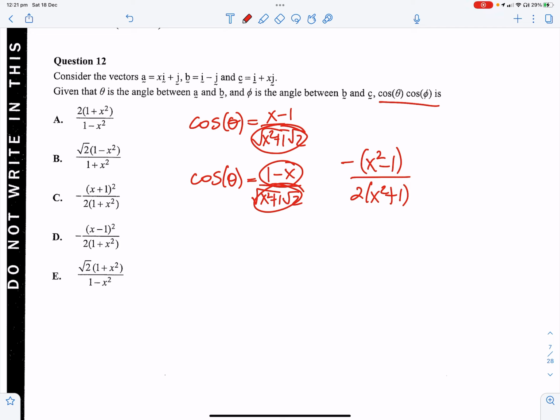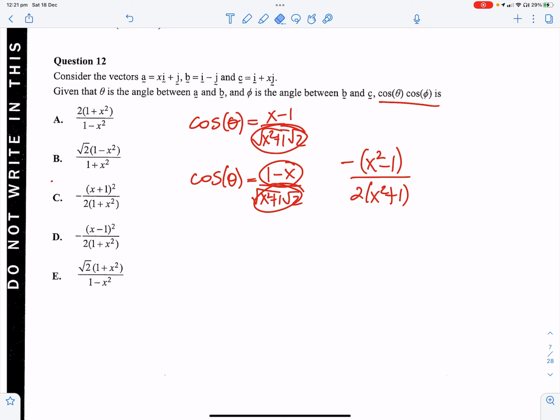So we get, I think I've buggered something up. X squared plus 1, 1 plus x squared square rooted.